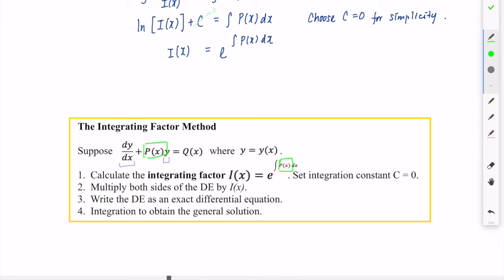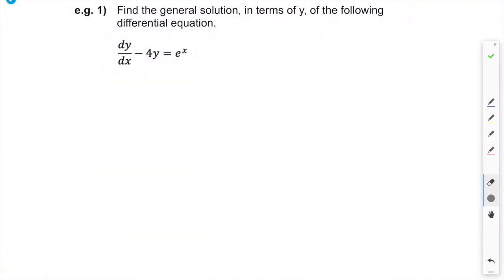And then you can solve by integrating both sides to get a general solution. It sounds very complicated, but once you practice these steps, you'll become more sensitive to what type of differential equation you have at hand and which method you will need to use to solve them.